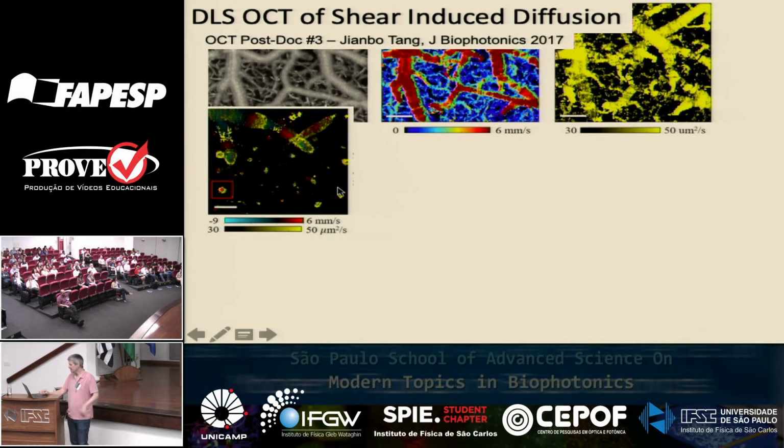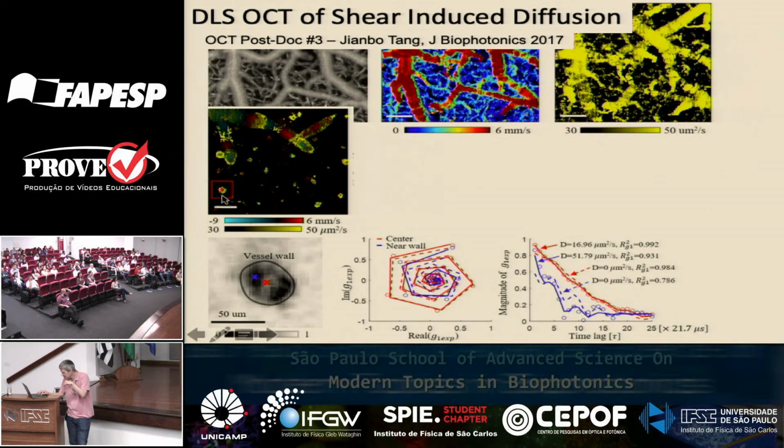He made measurements on many, many mice, and he'd find these penetrating vessels where we could see very nicely in the center, I think I blow that up, you can see red in the center is where it's just linear motion, and on the edge surrounding it is the diffusion. So here we're looking at the correlation function, and here's just kind of raw data.